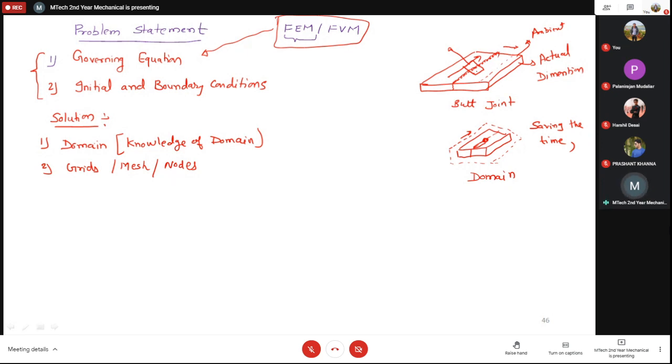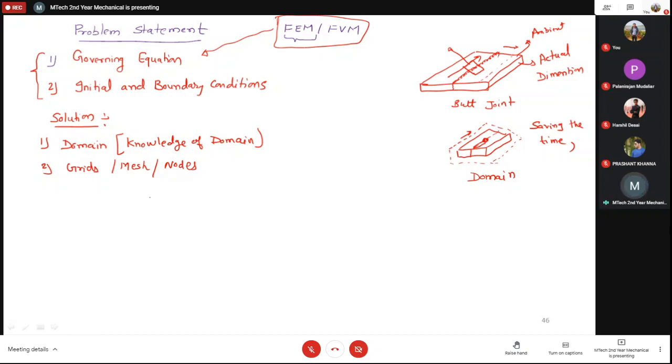Okay, so the knowledge of the domain is required. What we are generally considering is a cuboidal domain, which we'll see in detail afterwards, which is the very simplistic way to define most of the problems.